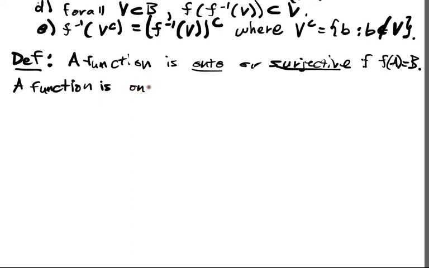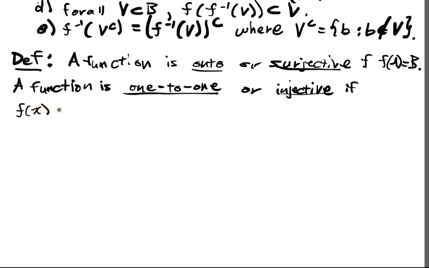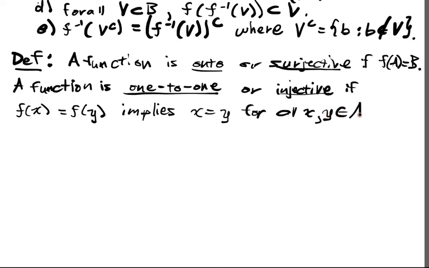And a function is 1-to-1 or injective, another fun word, if f of x equals f of y implies x is equal to y for all x, y in A. So that means that for every single point I have in A, I'm going to assign a unique number in B. So no number is going to share the same function value with another point in A. And those are really useful.